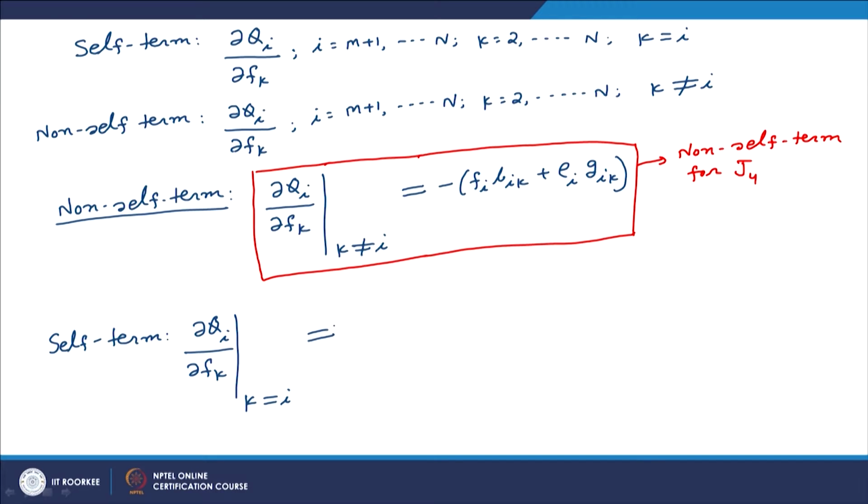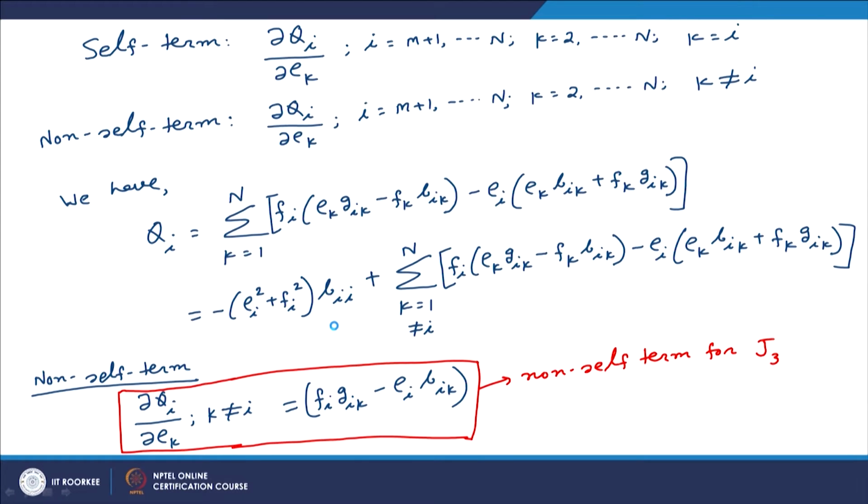First we have to take the derivative with respect to F i, because we are actually taking the partial derivative of Q i with respect to F i.